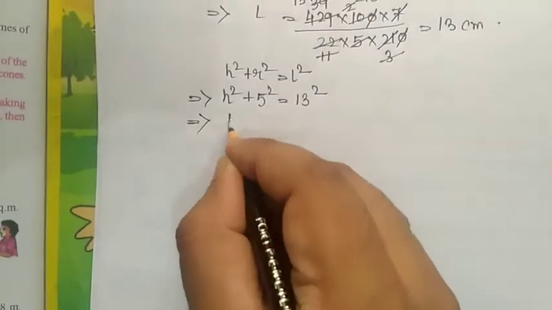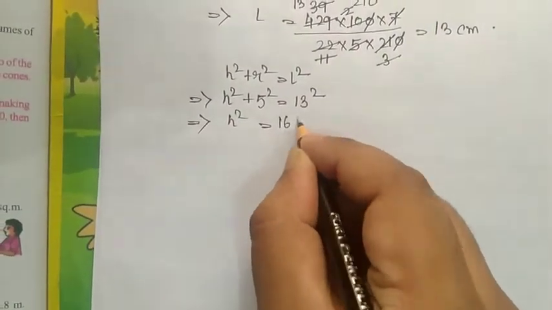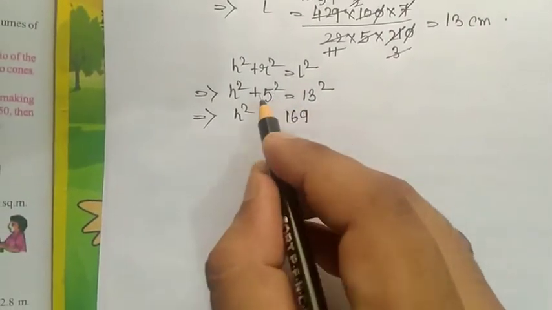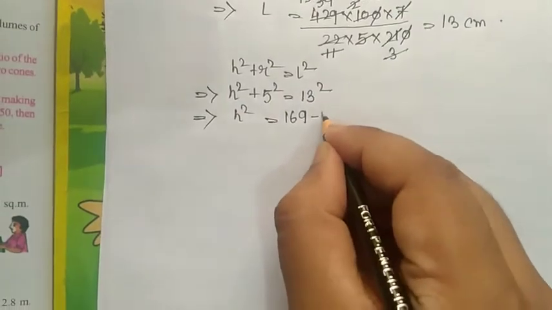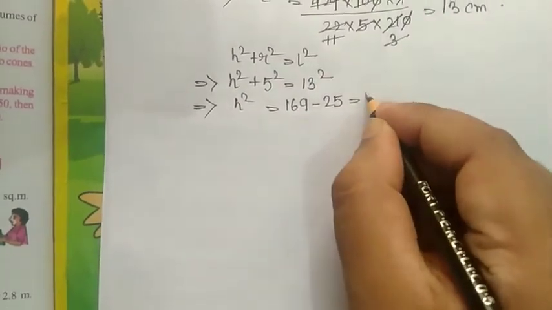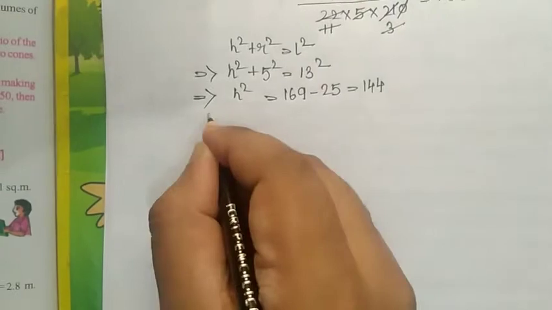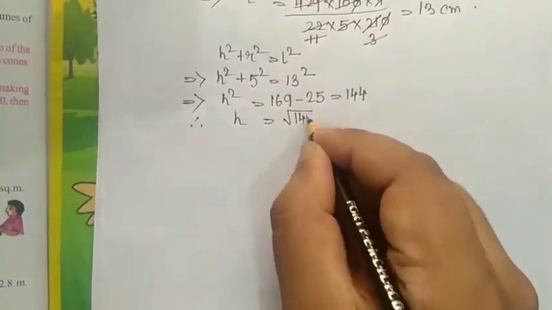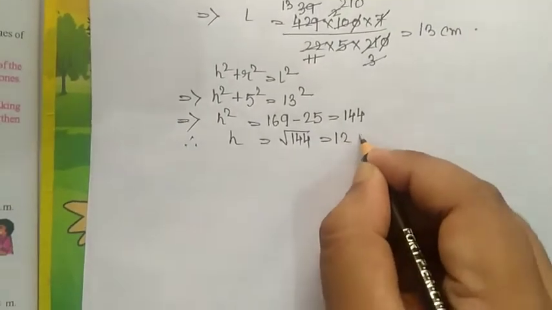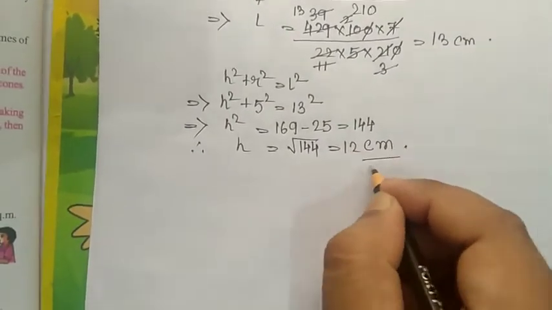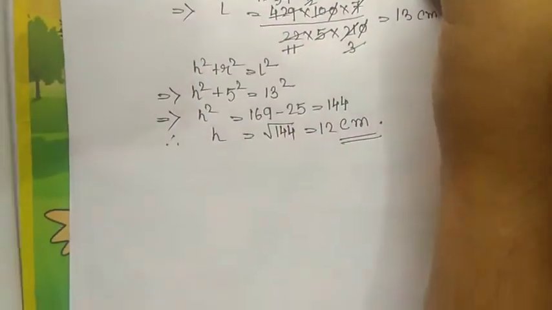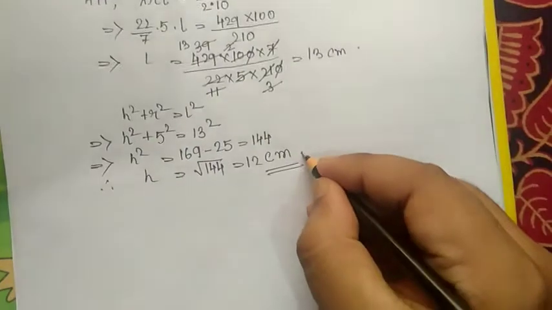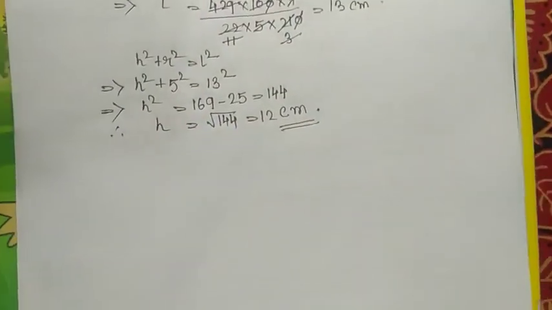So therefore h square equal to 169, and from left hand side to right hand side, 5 square 25 goes to the right hand side, it should be minus 25, so h square equal to 144. So h equal to root over 144 equal to 12 centimeter. So here we find the height. First question is completed. The answer is 12 centimeter.